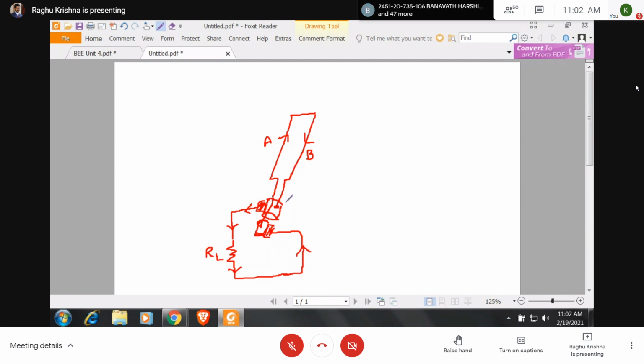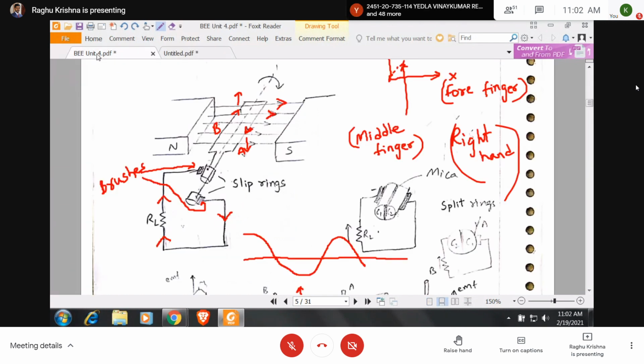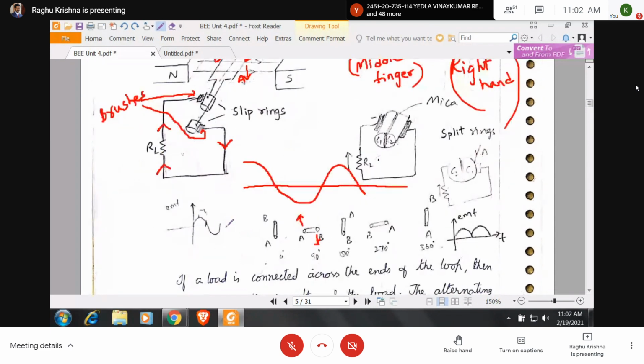So current is coming like this, and here through the brush it will be going to the resistor. Through the resistor the current will be moving to this brush and to this slip ring, and here it is connected to A. So here you can see the direction of the current changes for every half cycle, and here you can see that the magnitude also changes.